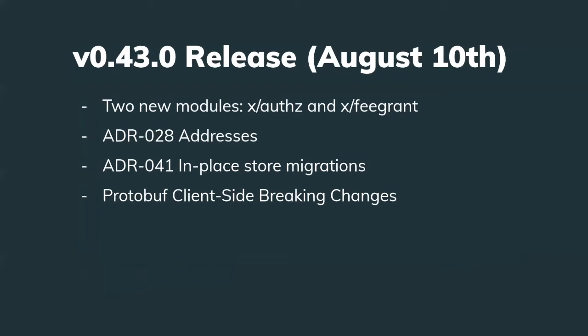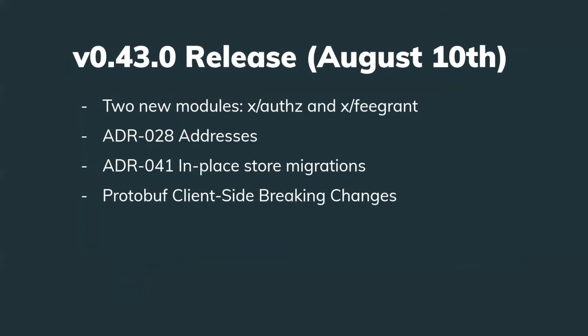But these are the main features that were included in the 4.3 release. As I mentioned, previously we've talked about these in more detail, so you can check out those previous community dev call updates if you're looking for more information, or we can discuss it in the open discussion.